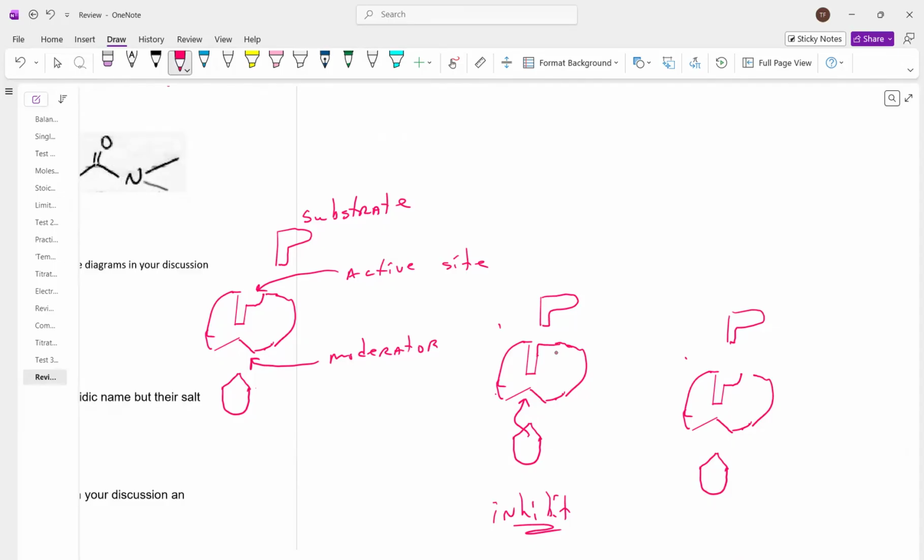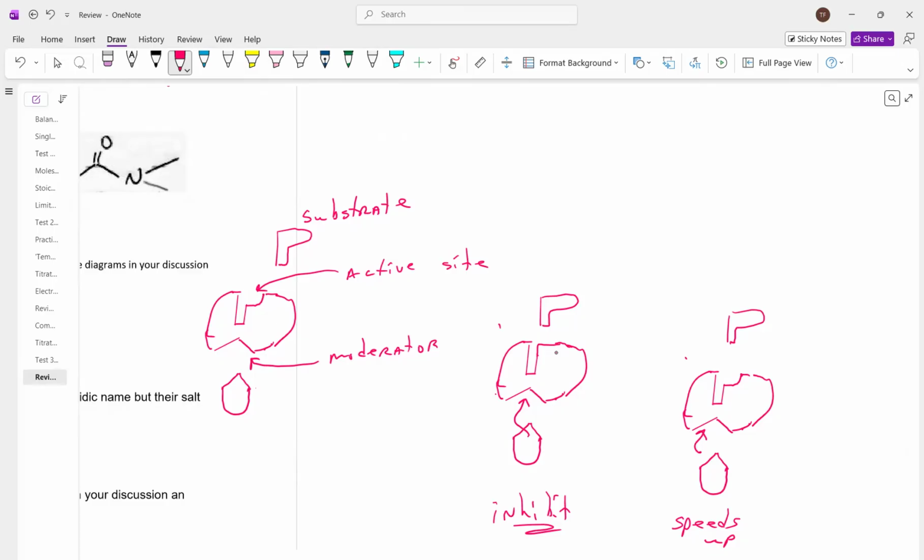Now if it speeds up the reaction, normally what happens is it makes the active site exist so the substrate can fit in there.